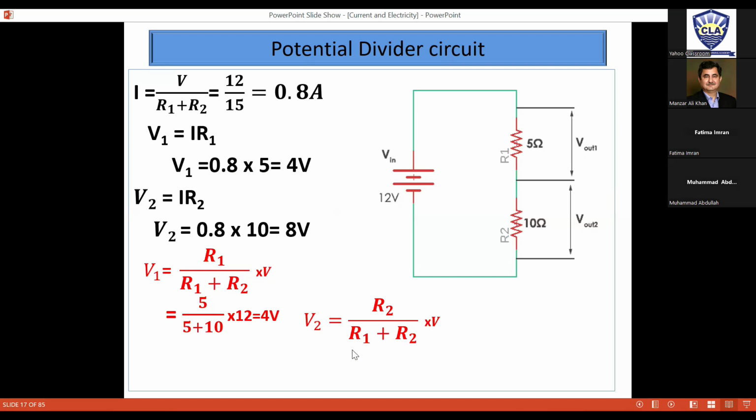The second method is slightly fast because you just straight away find the ratio of the resistor with the total resistance and multiply by the EMF. You get the answer more quickly. So it's your choice. You can use the first method if you're comfortable with that, or you can use the second method. Both methods are correct and both methods will give you full credit.